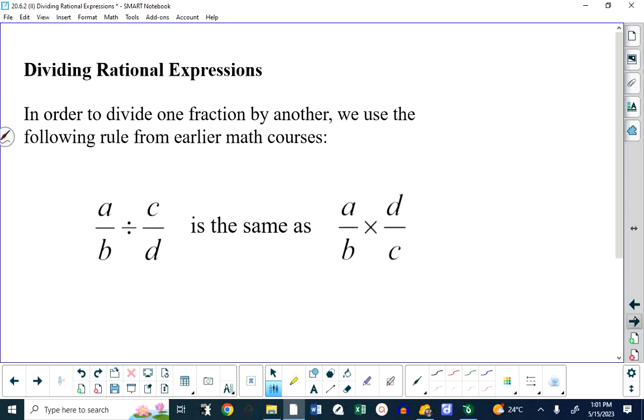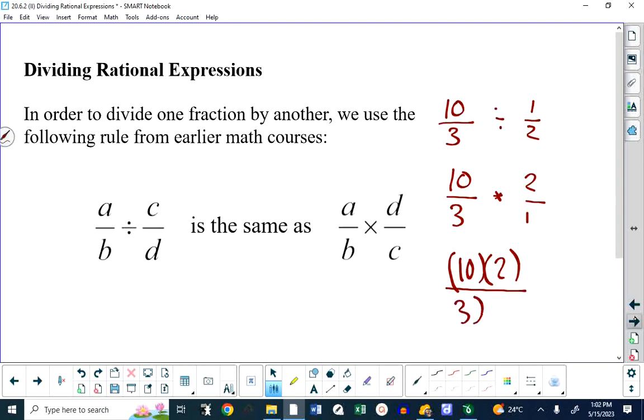But for example, if I have 10/3 divided by 1/2, that's the same as 10 over 3 times 2 over 1, which is 10 times 2 over 3 times 1. So look what's happened here. I've gone from dividing two fractions to multiplying two fractions to a single fraction.